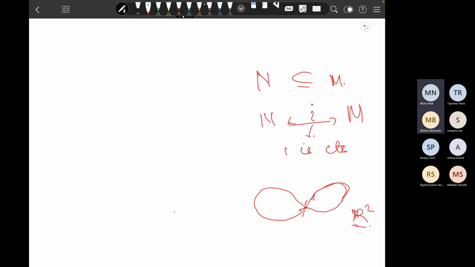You can have a map from R to this figure 8 curve, and you give the manifold structure just by the one-to-one correspondence with R.